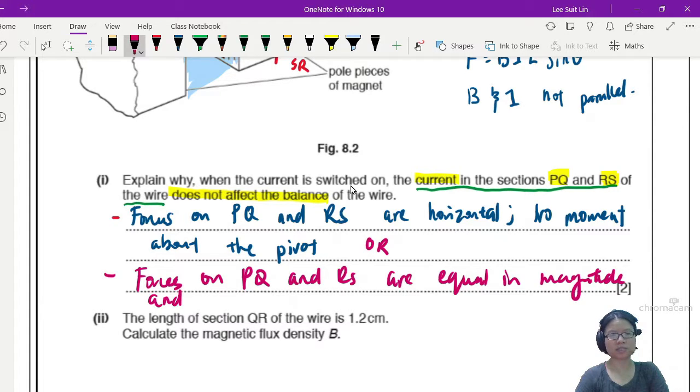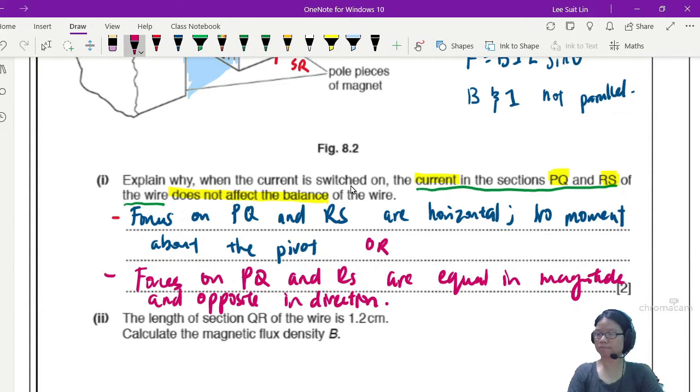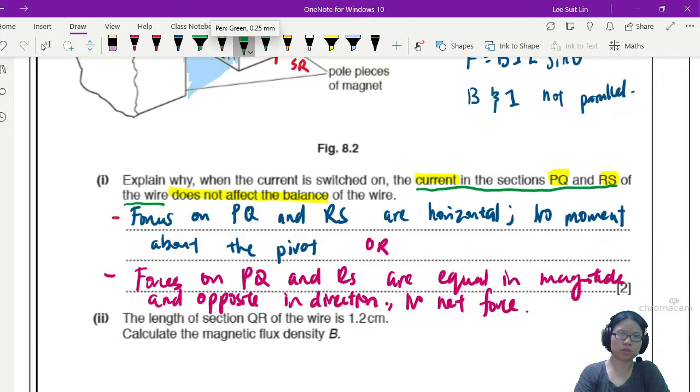Not Newton's third law, it's just the way the wire is being wound. So there is no net force on both sections. There are two ways to explain, whichever way works for you.